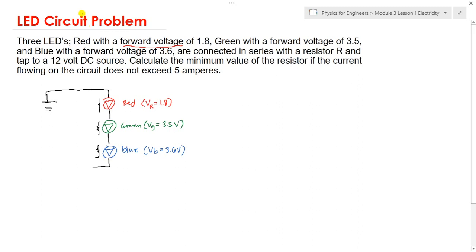So here they are connected with a resistor R. Again, in the usual circuit, this is the current limiting resistor. So this is resistor R, no value given yet. This is a current limiting resistor.